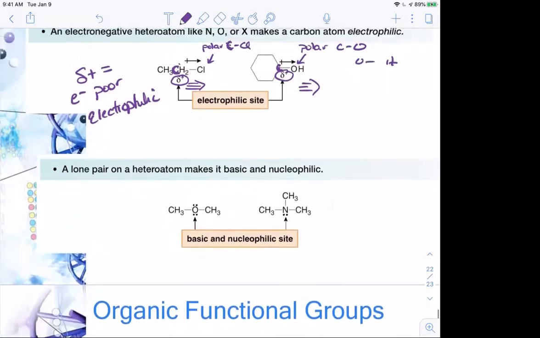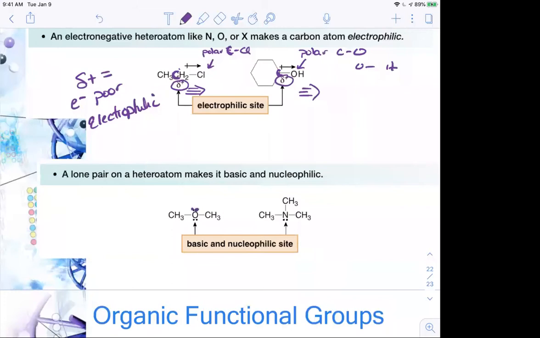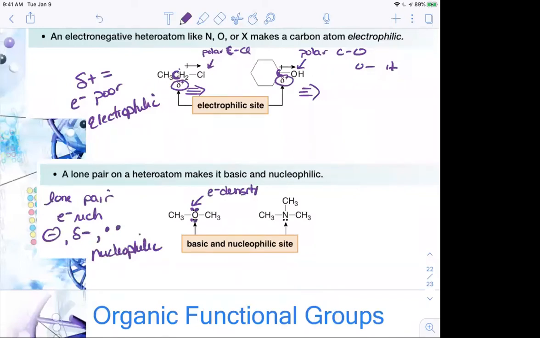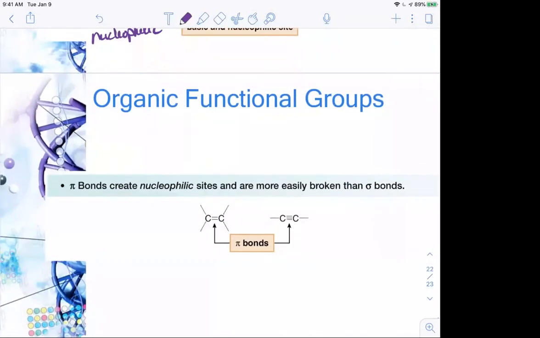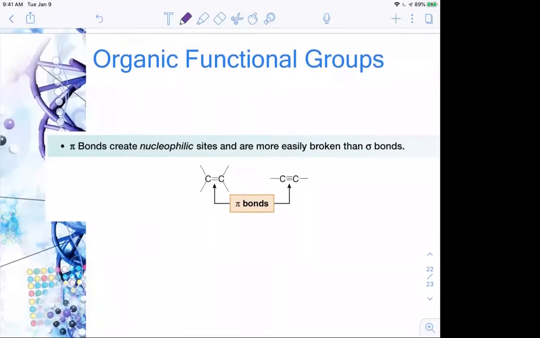Here, I have these lone pairs. Well, lone pairs, right? This is electron density. My lone pair is electron rich, right? These are my partial negative charges, and my lone pair can be nucleophilic. They want to react with something that's more positive. My pi bonds, right?